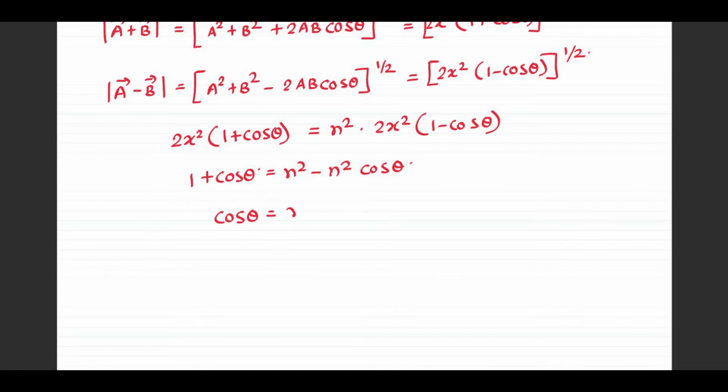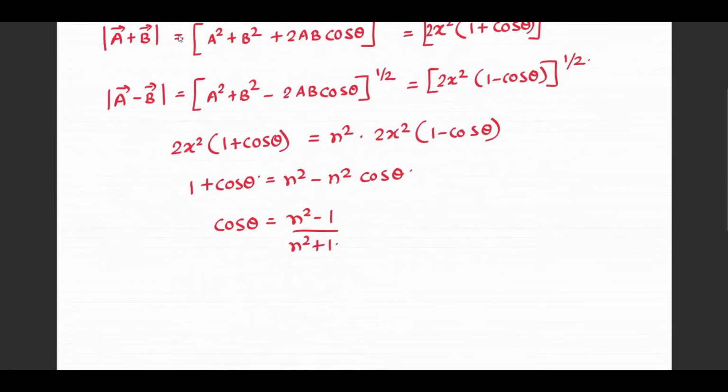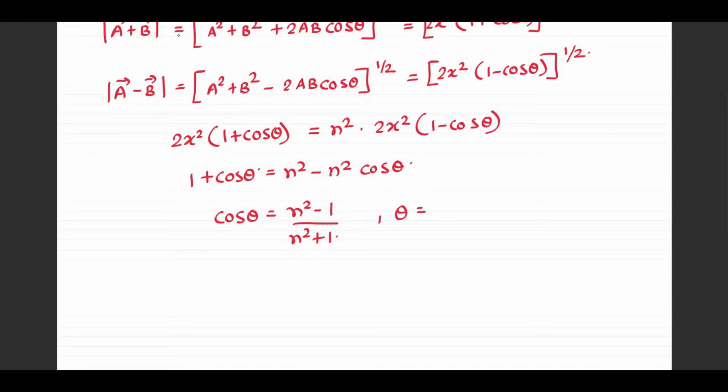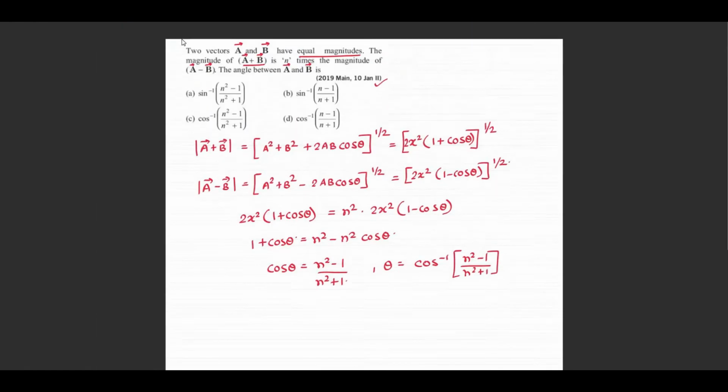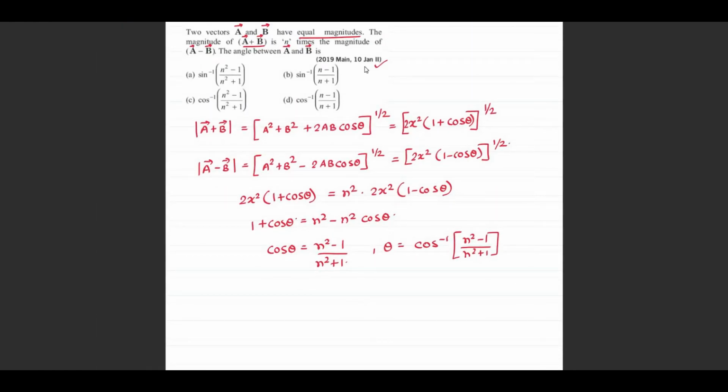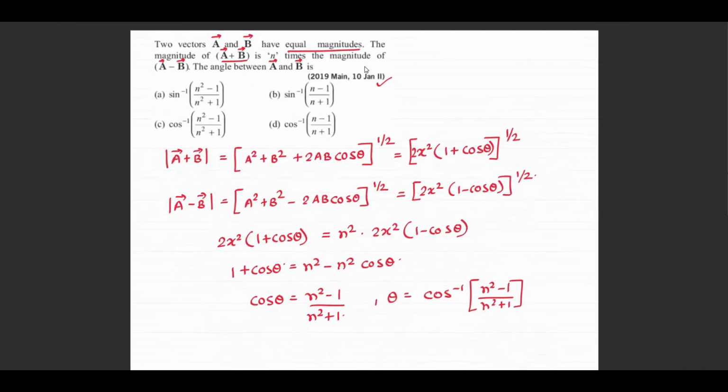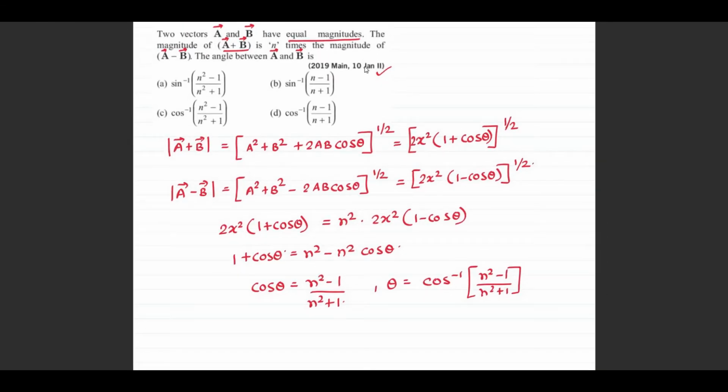Cos theta then becomes, and hence you are looking for angle between vectors, which is theta, so this is cos inverse. If you look at the options, then the correct option will be option C. Fine.